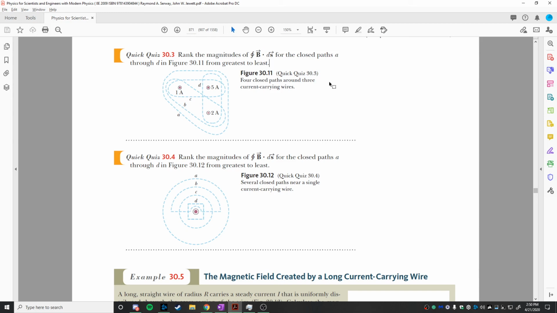See if you guys just keep going and see what you get for an answer and try to type it out. I'll give you guys a minute or two. And by the way, it doesn't matter the shape of the path. All that matters is the amount of current that flows to find this quantity.